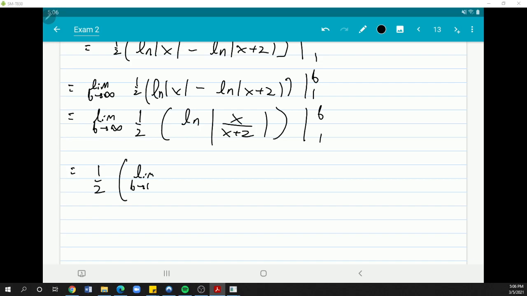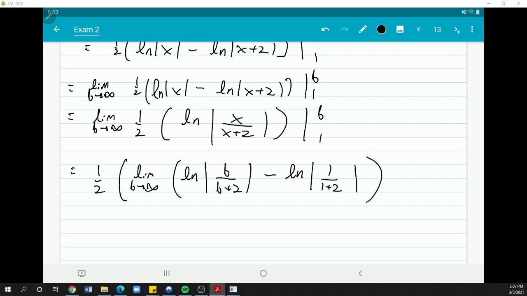Plugging in, we get natural log of b over b plus 2 minus natural log of 1 over 1 plus 2. That's natural log of 1/3. That's not going to make a difference on whether this converges or not.